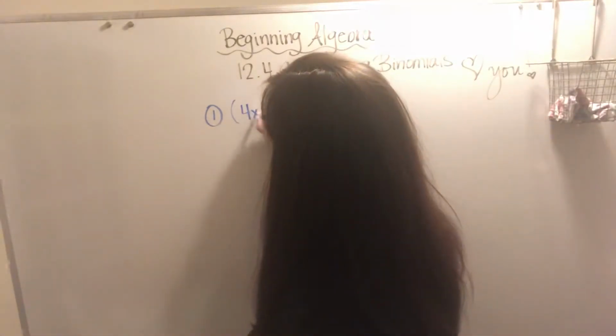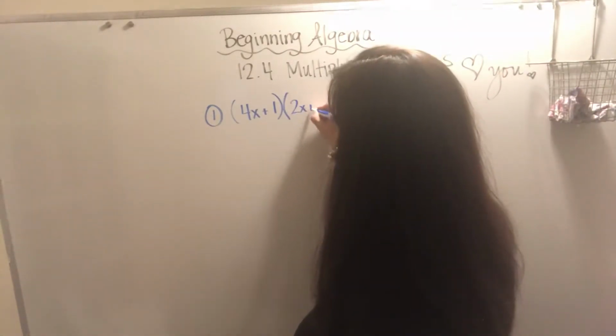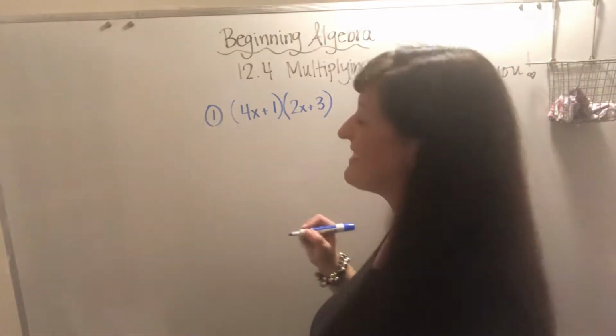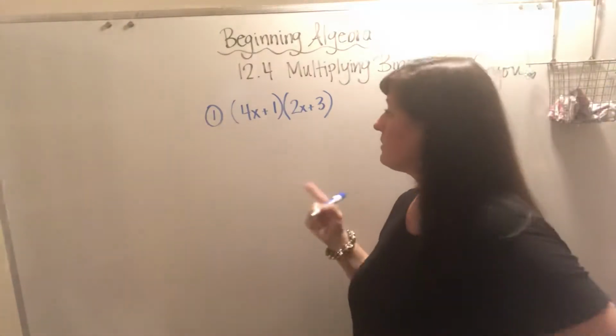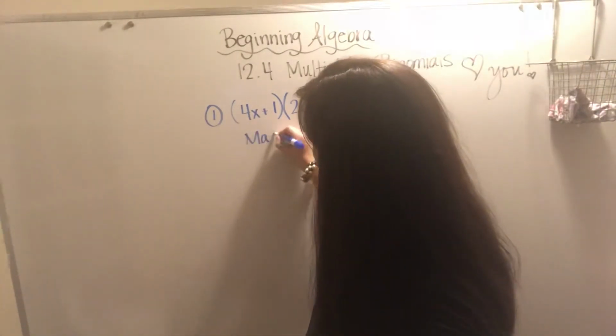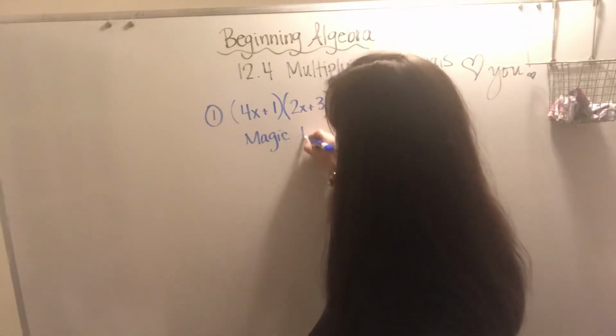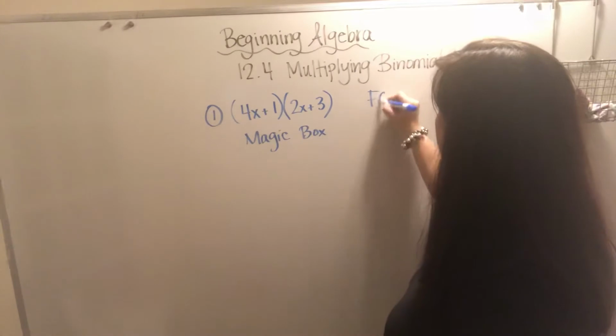And I'm going to show you two methods. When you do either of these methods, obviously you will get the same answer. You just have to be consistent in what you do and watch your signs. So we have two methods. One is called magic box, and one is called FOIL.